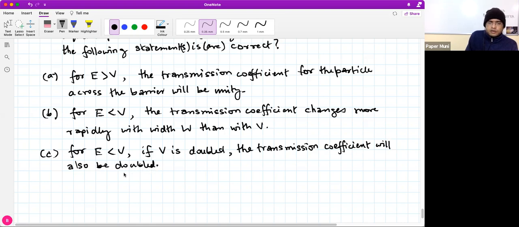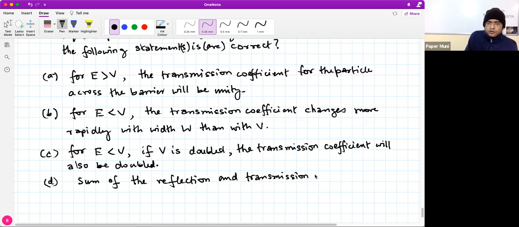Option D is: the sum of the reflection and transmission coefficients is always one.